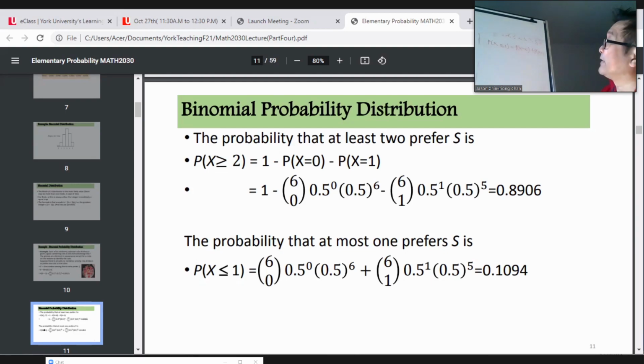Let's say you use complement. It should be what? 1 minus what? Let's say you want to use complement. You love math so much, you like to spend 24 hours doing math questions. So what should I put here? If I want to use complement, 1 minus what?